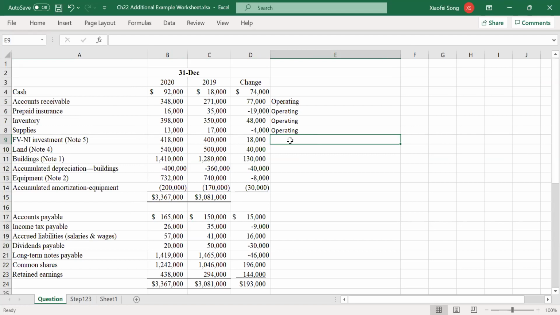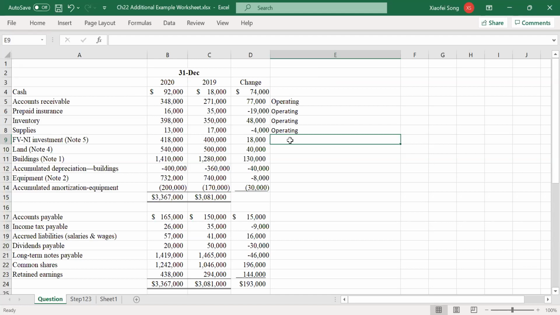This is the reason fair value through net income investment can be justified as operating cash flow. Fair value through net income investments are usually trading type investments, so you manage them actively. The idea is you want to earn a good return. By managing it actively, you try to time your buying and selling to maximize your return.